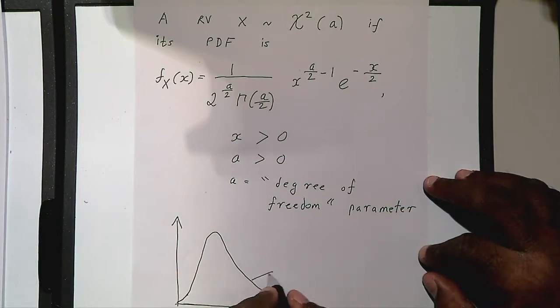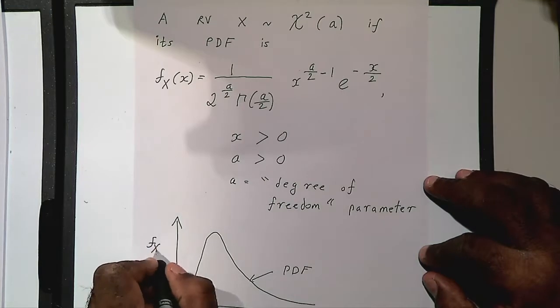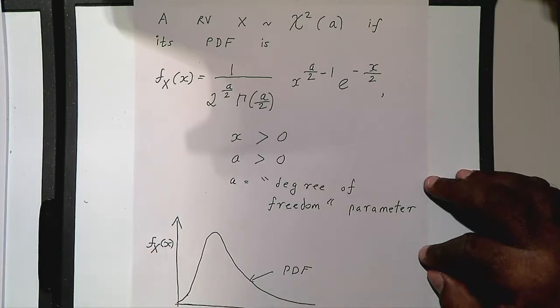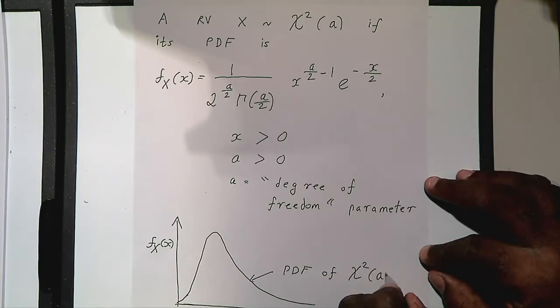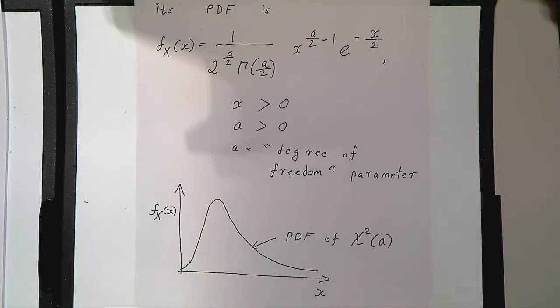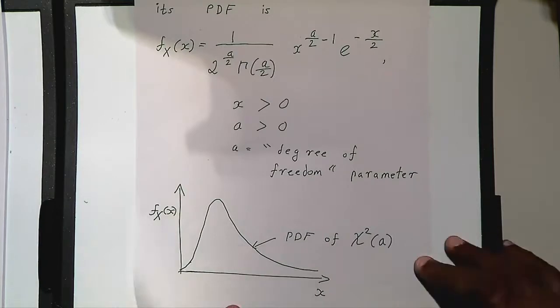This is the PDF, f of x. So the PDF of a chi-square distribution is kind of skewed. It's not like the normal distribution, which is symmetric. This is skewed, right?